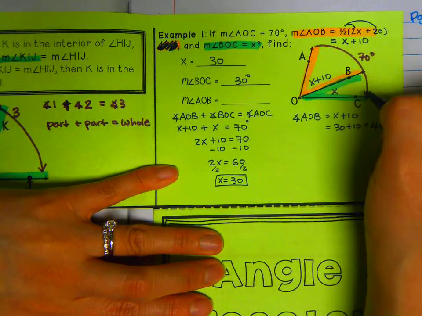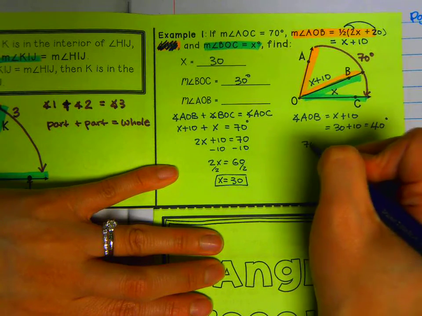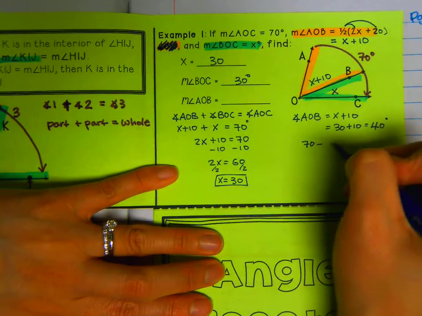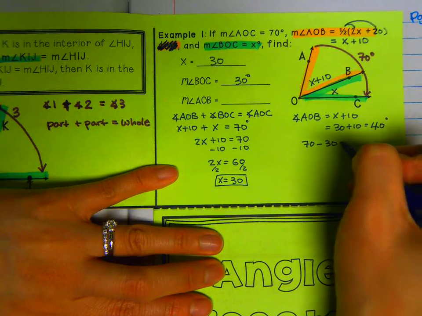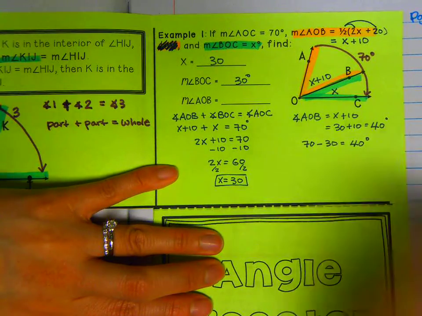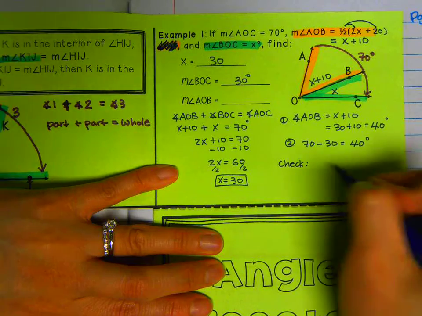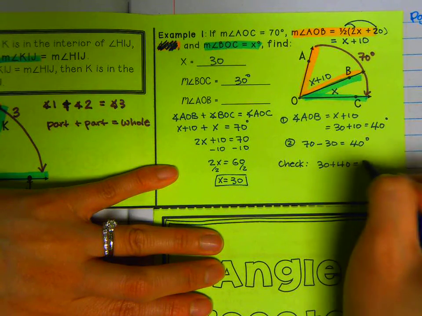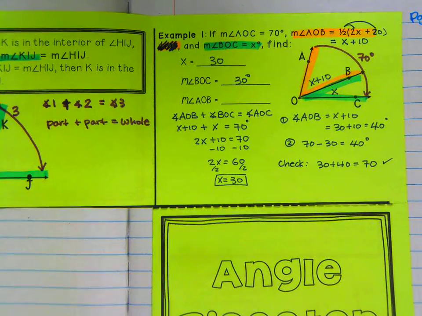Or we know the total angle measure and we have one of the angles, so we simply subtract 30 from 70, which is equal to 40 degrees. You can use either method. How do we check the solution? We simply add 30 plus 40 and see if it is equal to the total angle measure. If it is, then you did it correctly.